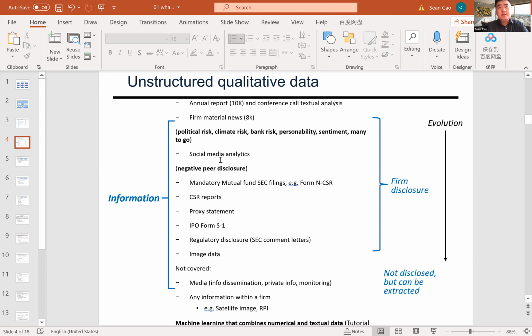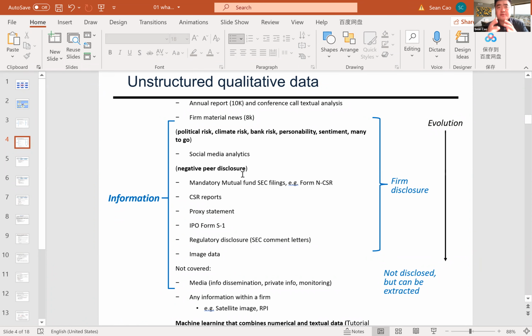And social media data. So why is the social media data important? Have you guys read Apple's Twitter? Apple actually puts a lot of information on their Twitter. Have you looked at Dropbox's Twitter information? So firms also talk about a lot of information on their Twitter.